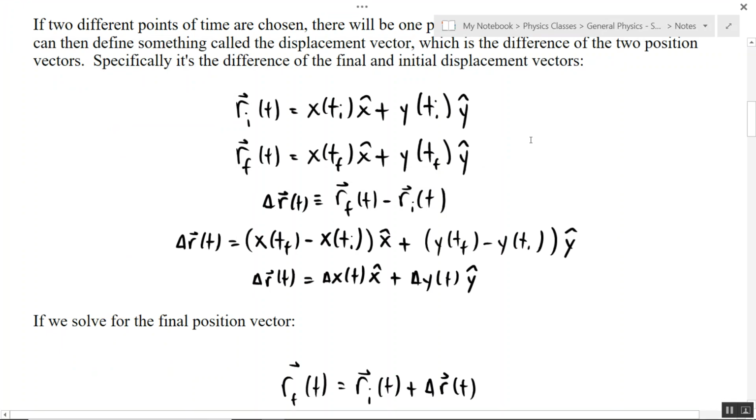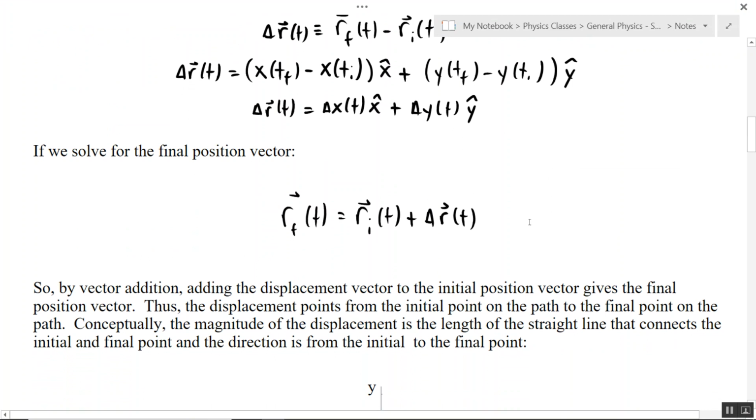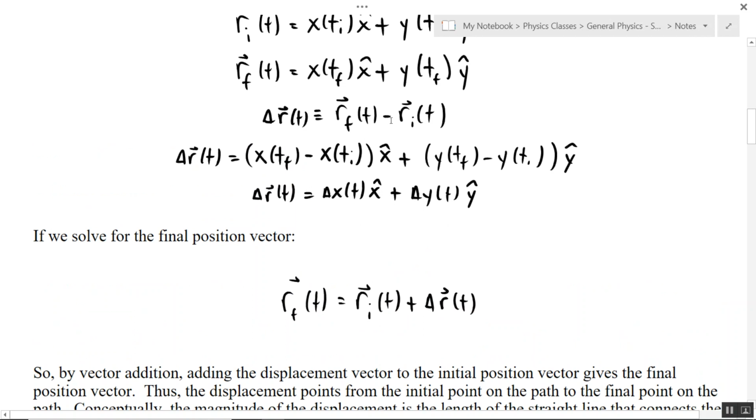Actually, I should have gone through the next thing before I showed you this. If you solve for the final position vector, you get here. If you solve this equation for Rf, you just add Ri to both sides. So basically, if you take Ri and add delta R, the displacement vector, to the end of it. How do you add vectors? Remember from yesterday? You put one vector at the end of the other vector.